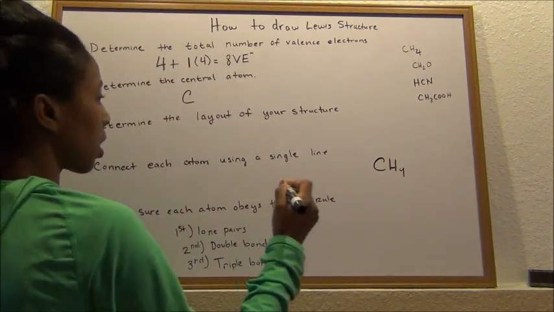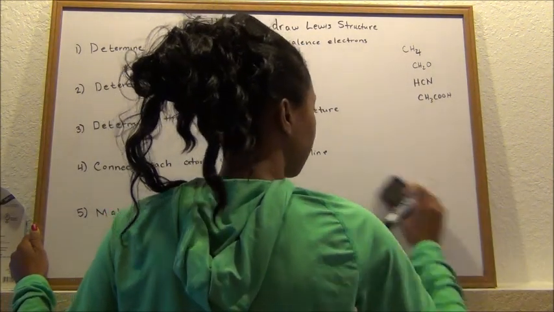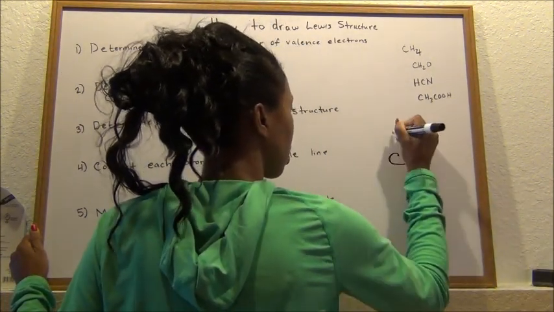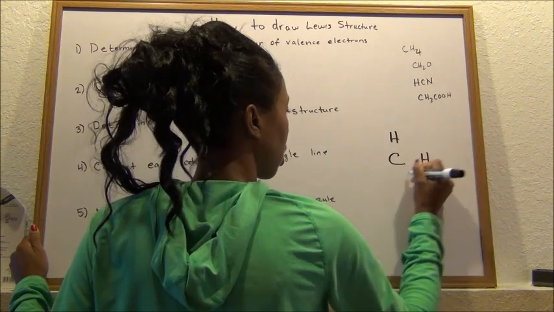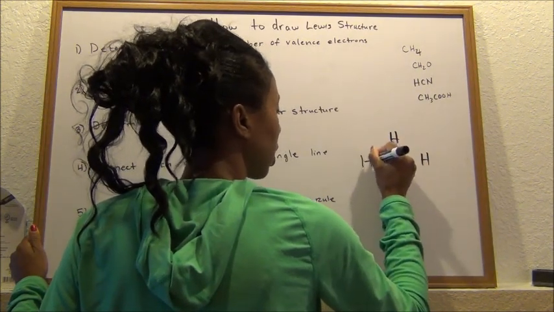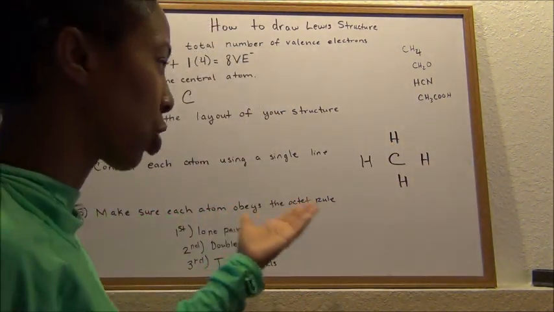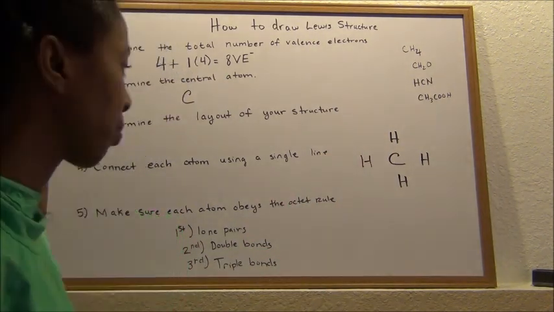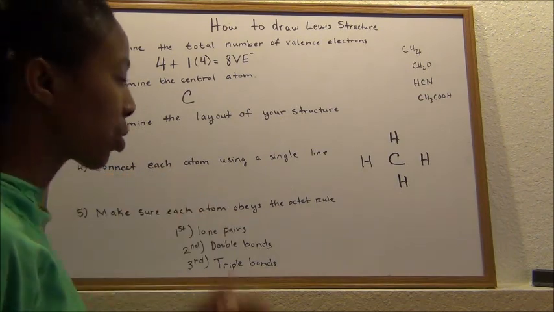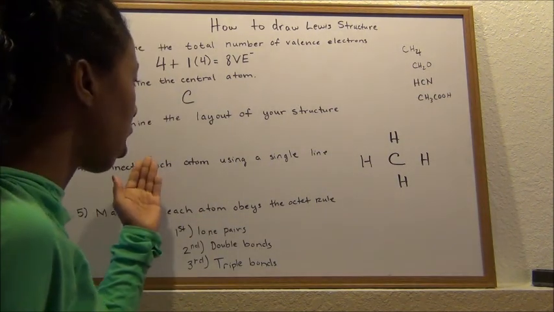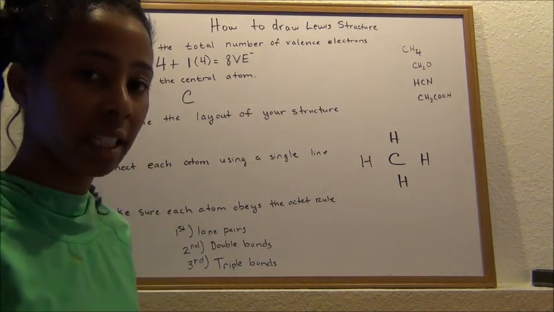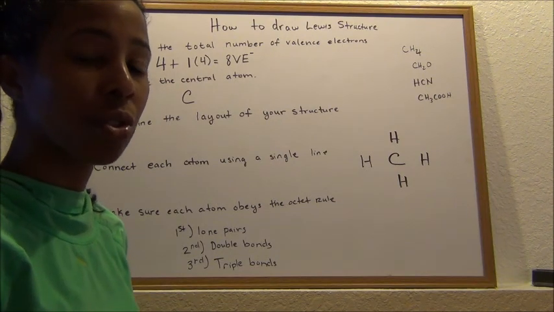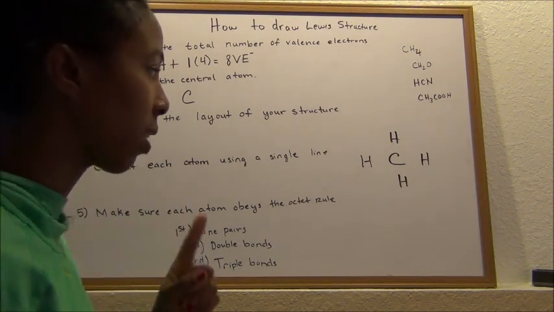So we're going to write this out. It doesn't matter where you place the hydrogens around the carbon as long as the 4 hydrogens are around that carbon. Now, afterwards, you're going to connect each atom to that central atom using one single line.